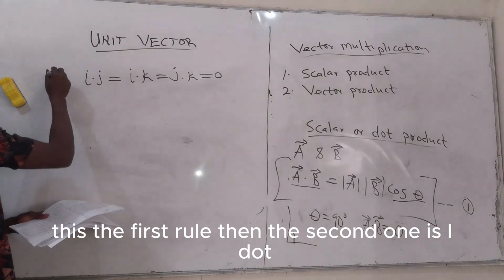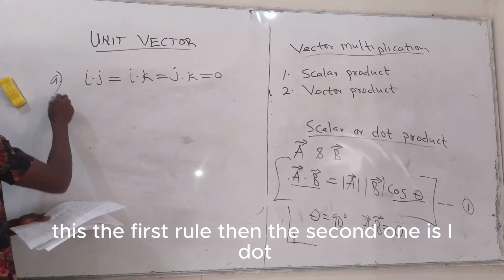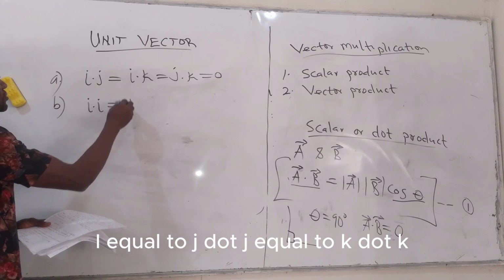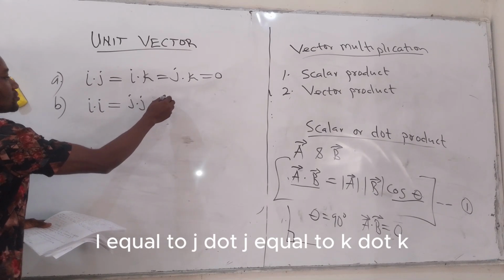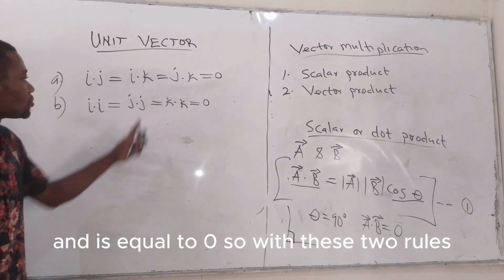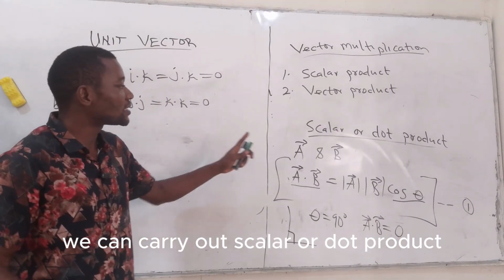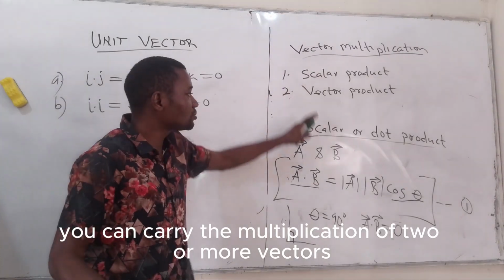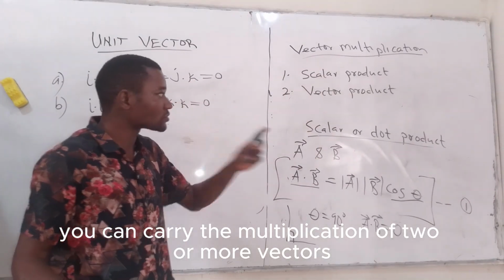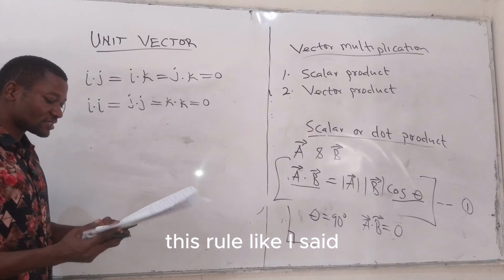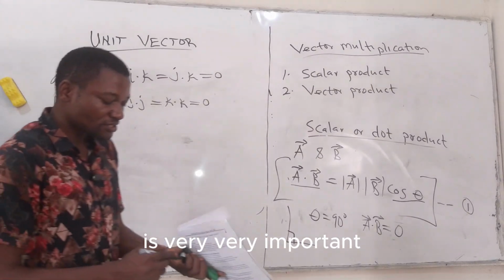This is the first rule. Then the second one is i dot i equal to j dot j equal to k dot k and is equal to 1. So with these two rules, we can carry out scalar or dot product. We can carry out the multiplication of two or more vectors using scalar or dot product. This rule, like I said, is very, very important.